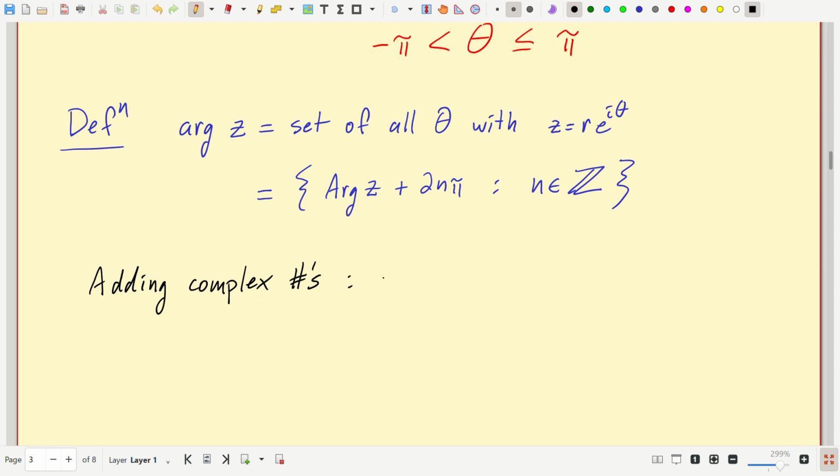It corresponds to vector addition in R2. But multiplying them is something weird and new.